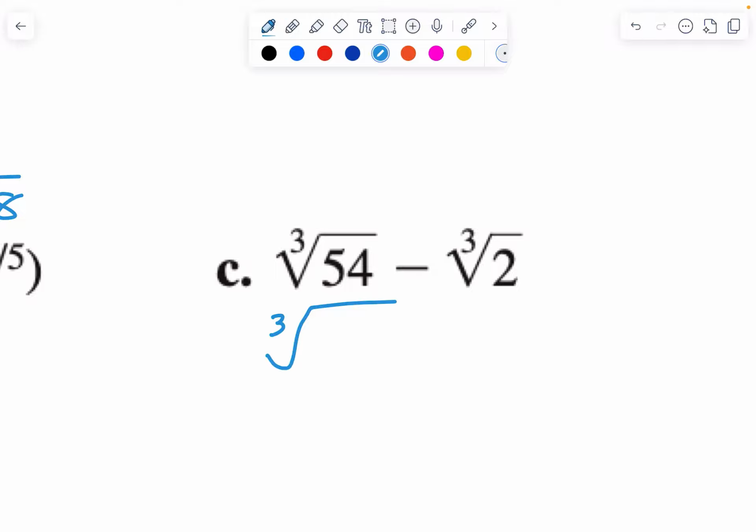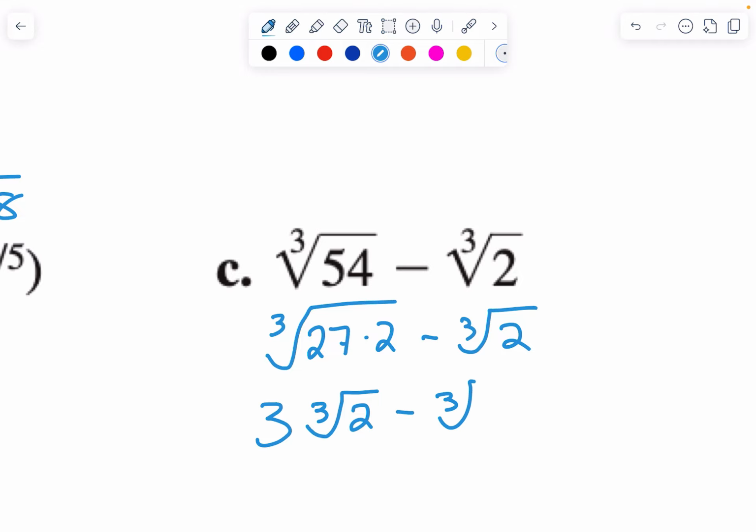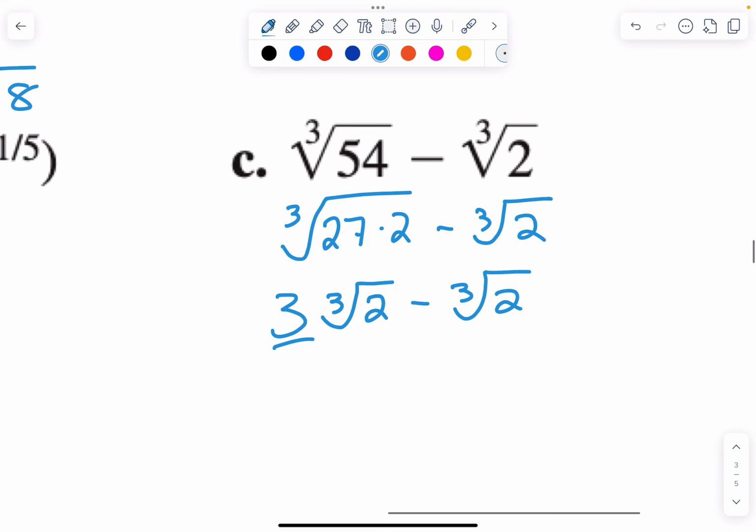You guessed it, the answer is yes, because 54 is equivalent to 27 times 2. So I could rewrite the first term as 3 times the cube root of 2 minus the cube root of 2.